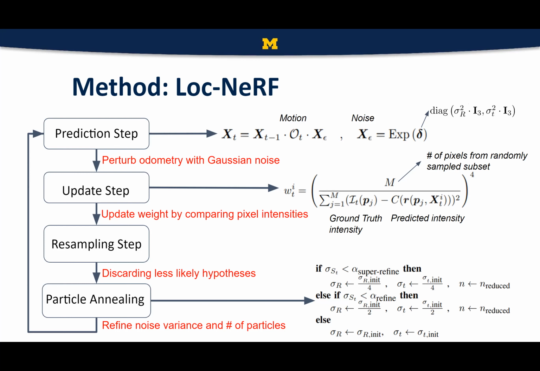Then it uses resampling to discard the less likely hypotheses and focus on particles with higher weights. Loc-NeRF also introduces a particle annealing step to reduce the prediction noise and number of particles when the spread falls below a given threshold. The step aims to increase the efficiency and accuracy of the algorithm.